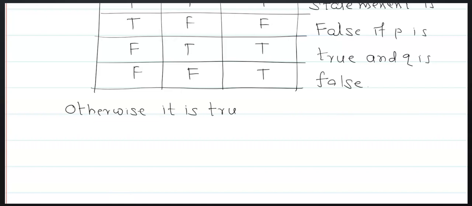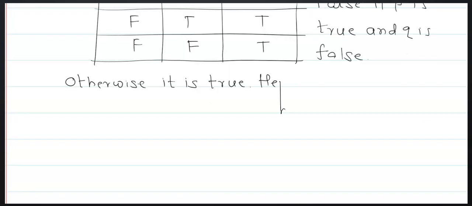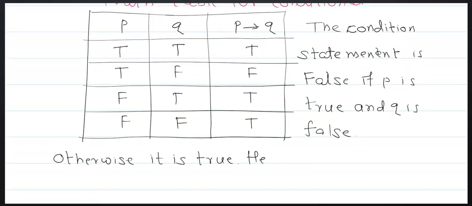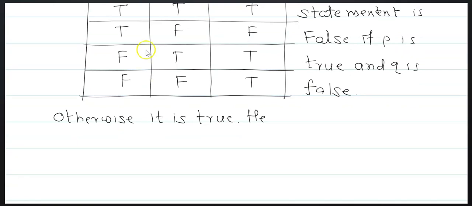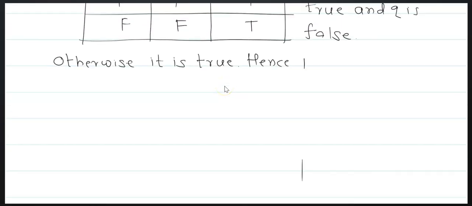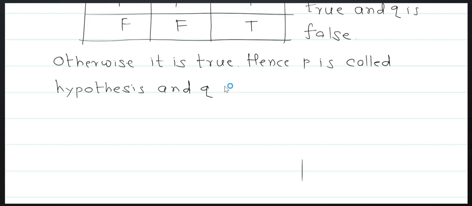You don't need to remember this, but I say that if both of them are same, then it is true. Otherwise, this is T implies F, therefore it is F. F implies T, then it is T. Next is the conclusion. P is called the hypothesis or the antecedent, and Q is called the conclusion or the consequence.